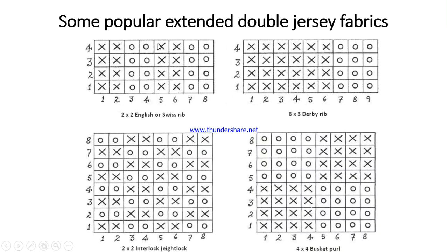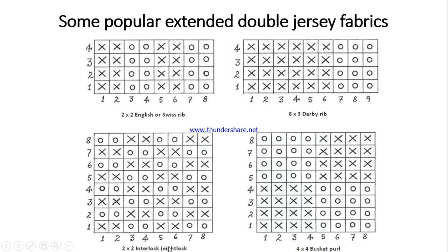In this way, the structure will be prepared. Now 6x3 Derby rib, where 6 face loops will be there, then 3 back loops. There will be 6 wales of face loop, then 3 wales of back loop. In this way the repeat will run.